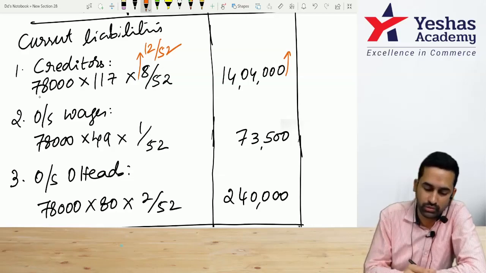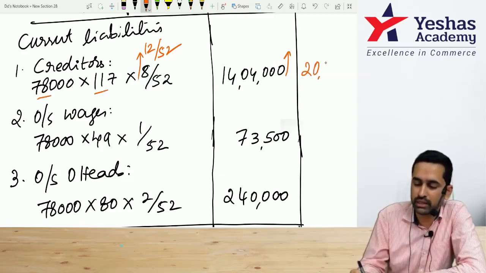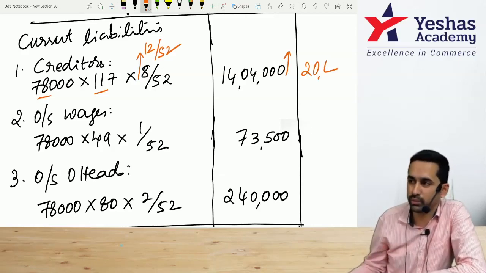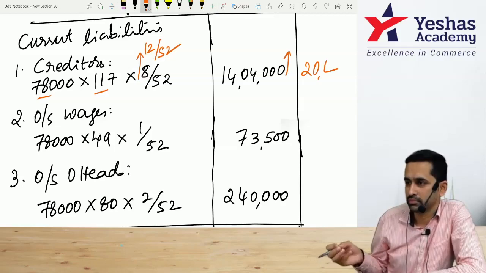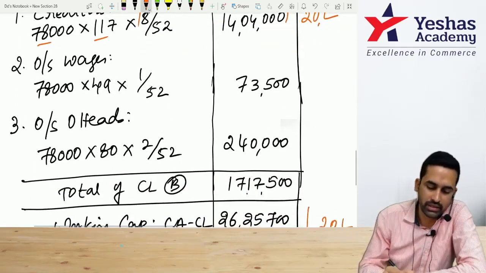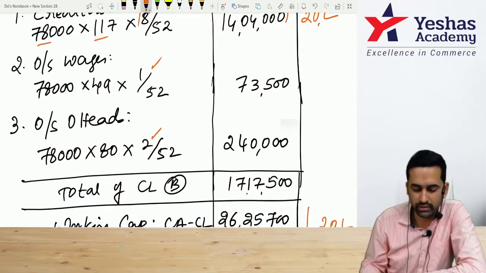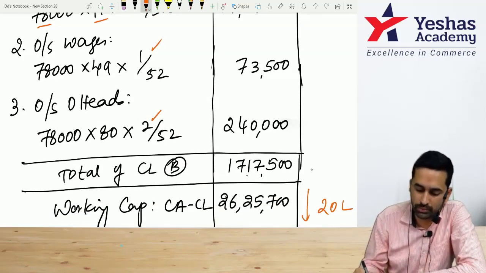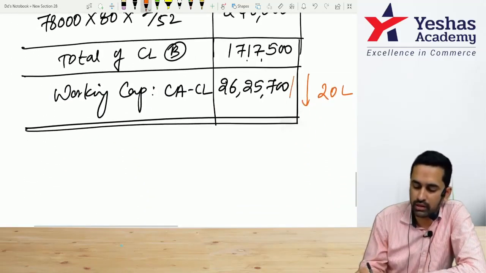And when I do 78,000 into 117 into 12 by 52, if 14 lakh becomes say 20 lakh roughly, that means the creditor is funding 20 lakh rupees to my business. Correct? And this already 1 week or 2 weeks, if it can be extended, this can also go up. If current liabilities go up, then your working capital will come down.